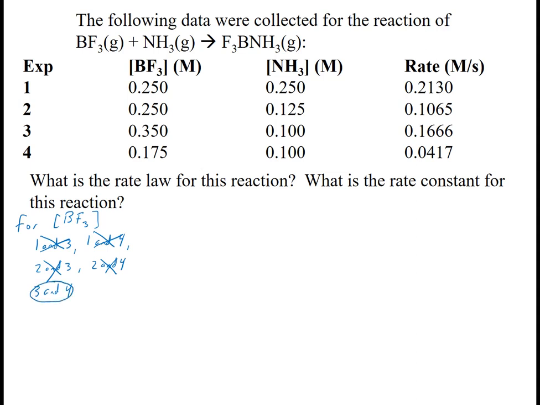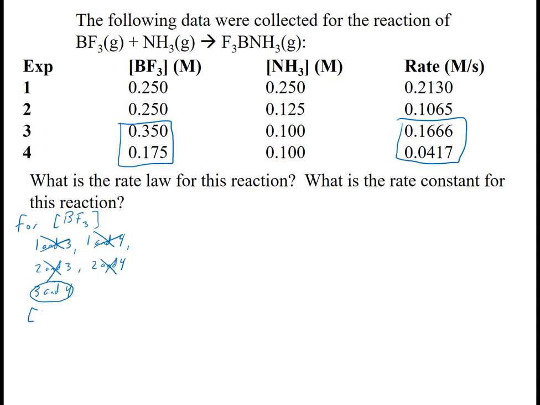Same setup as before. I want the highest concentration on top. So I'm going to use these 2 concentrations right here and these 2 rates right here. I want the highest concentration on top, which is number 3.